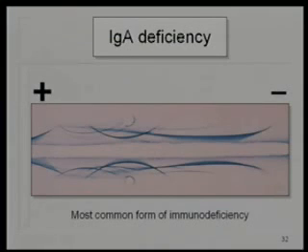In addition to that, there are immunodeficiencies of individual immunoglobulins, IgG and IgA immunodeficiencies. And the most common of these is IgA immunodeficiency. These patients have low levels of IgA. Consequently, they are susceptible to infections of the GI tract, nasal areas, and pulmonary infections.